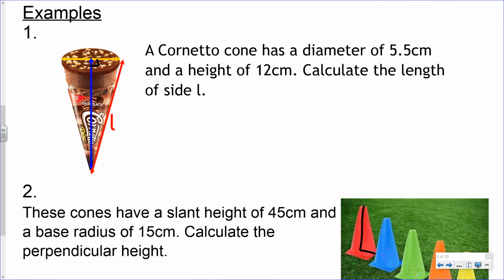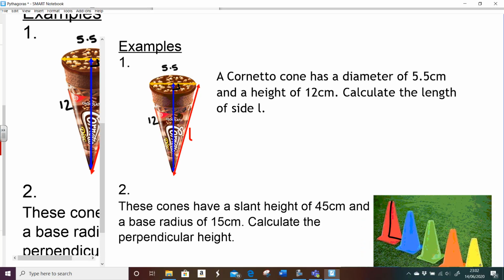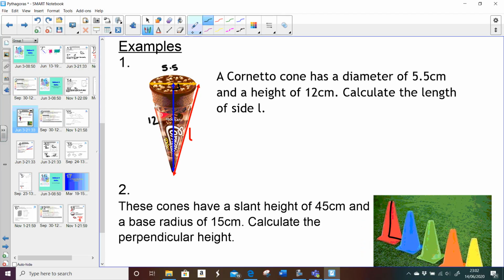Okay, so we have here a cone and it has a diameter of 5.5 centimetres. So that is this yellow line here measuring 5.5. A height of 12, so that is the vertical height of 12, and we have to calculate the side of length L. So we can model this by constructing a right angled triangle.